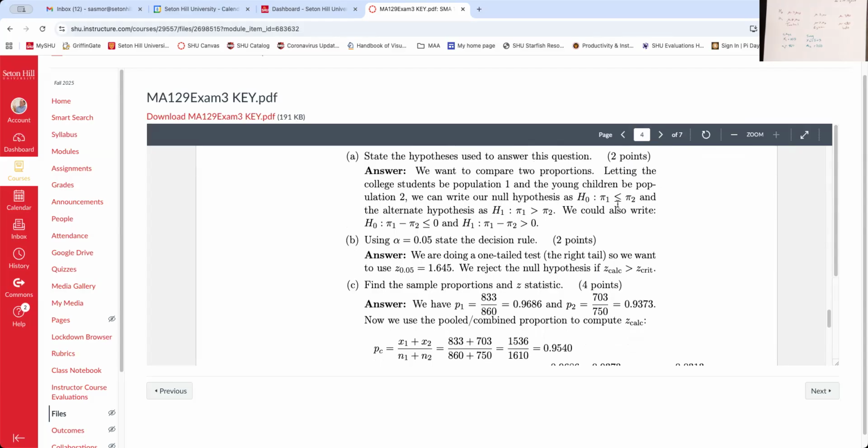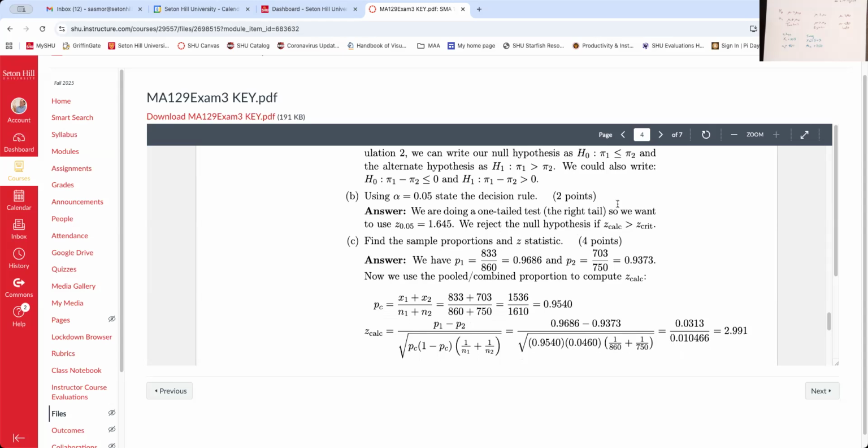Now, the Z calculation is the difference between the two proportions over that really nasty looking thing for the variance. I take the proportion, 1 minus the proportion, multiply those together, and then do 1 over each of the sample sizes and add those.